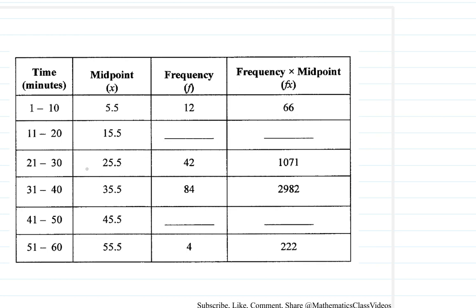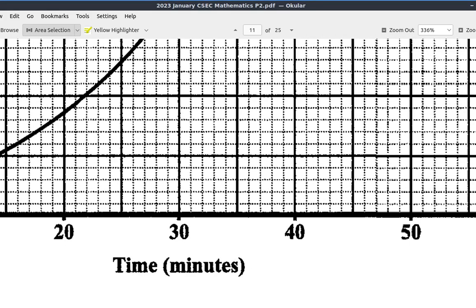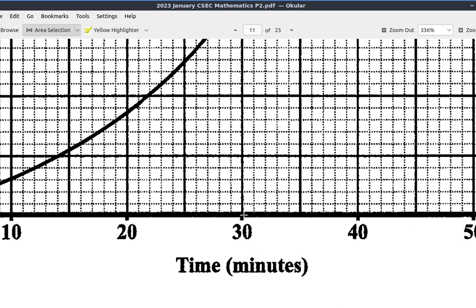What about the 42? We would have gone to 30, but to use the upper boundary of this class, 30.5, and you see a frequency of 42. Let's look at the table and see what happens there. 30.5 would be right here, halfway between 30 and 31.